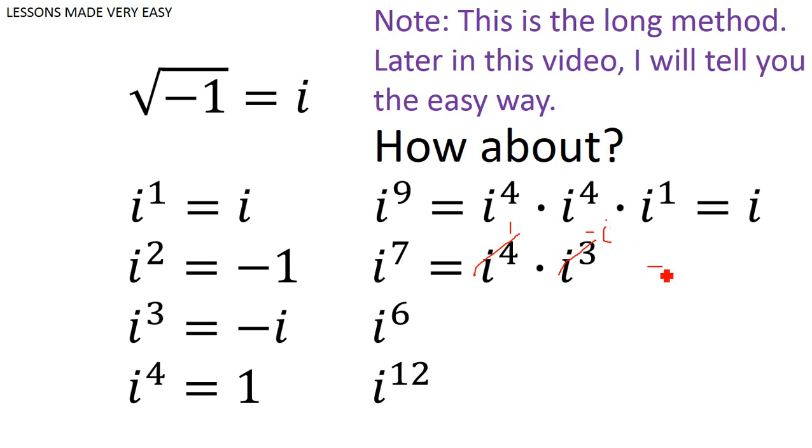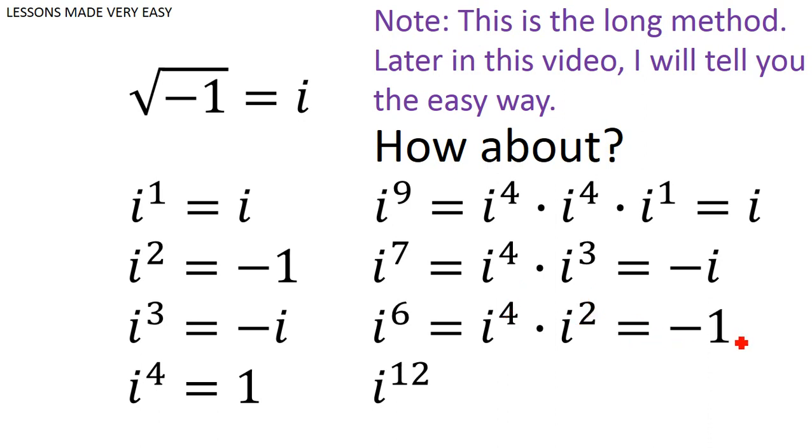So the answer is negative i. i to the 6, so 4 and 2, so this is 1 times negative 1, so negative 1.